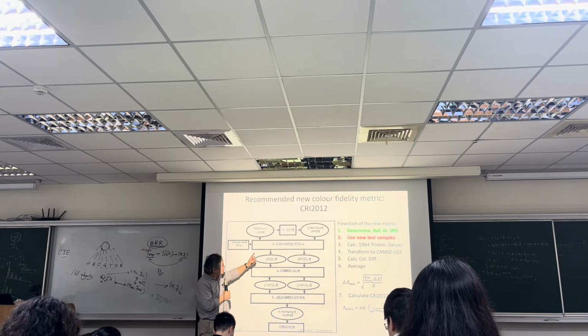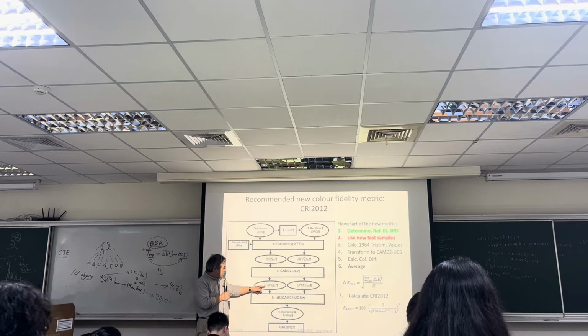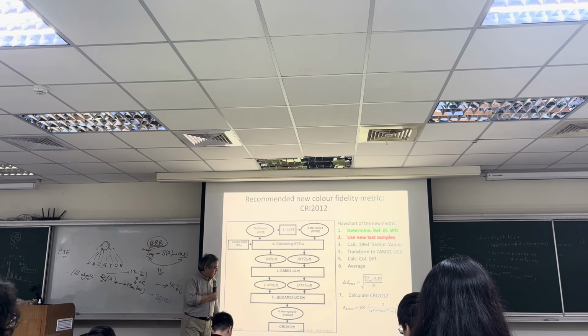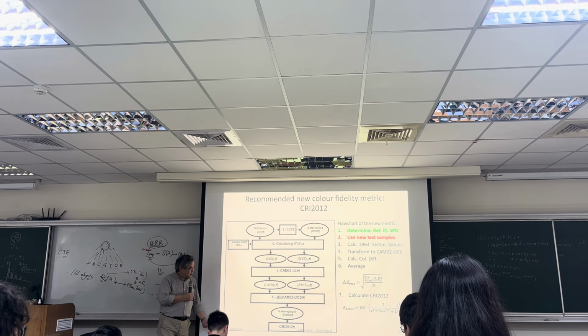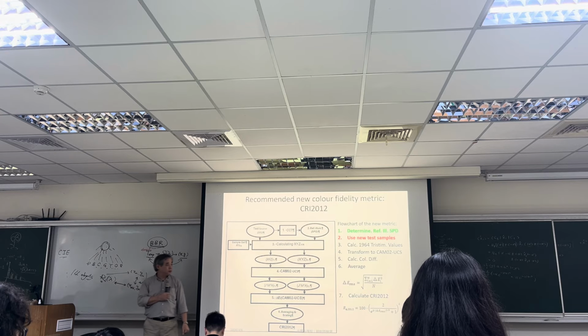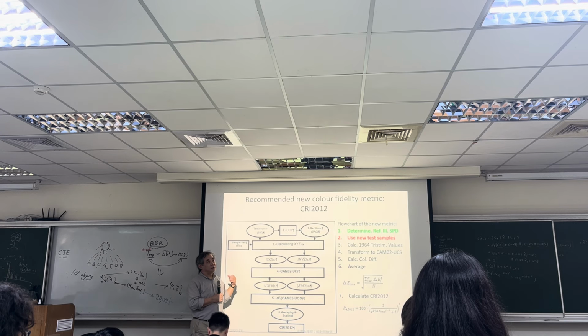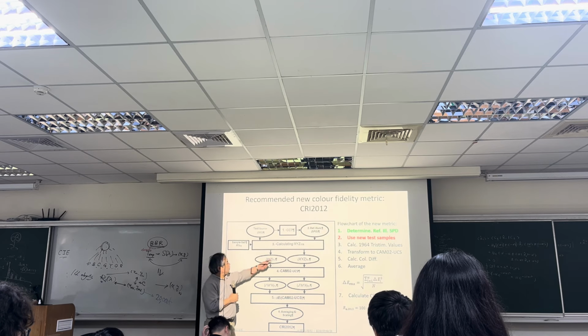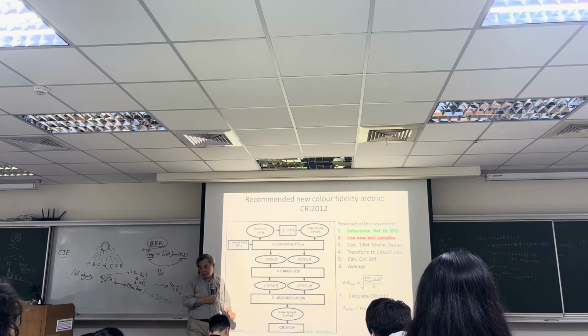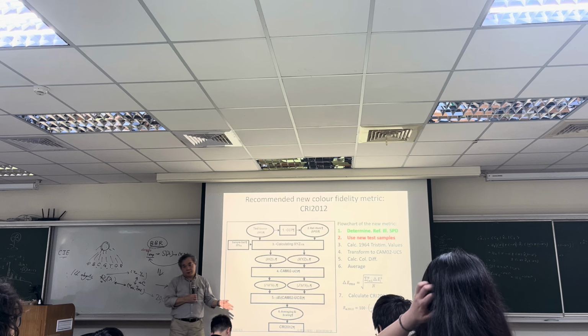So XYZ becomes JMH. JMH means brightness, saturation, and hue. This is talking about human perception, while that was talking about machine detection.